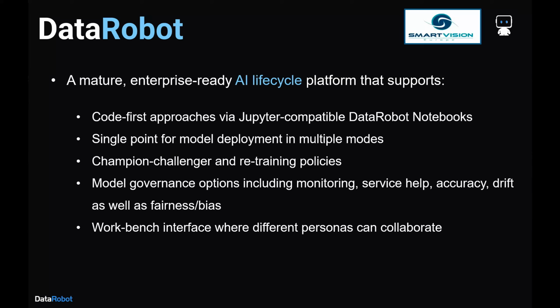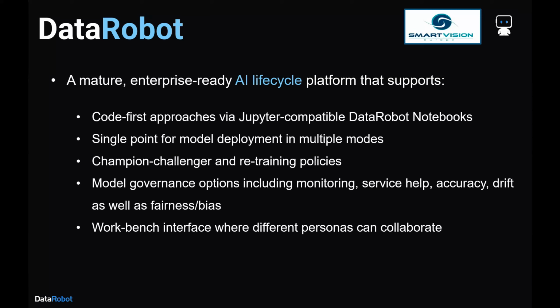So if you've got live models running, it will support, for example, the ability to automatically train a model in the background to challenge that, or to support retraining based on a series of rules, a policy that you have. You want to keep your models relevant. Model governance options include things like monitoring the model performance, service health, so looking at the service availability, the accuracy, model drift, as well as governance issues such as fairness or bias within the models.